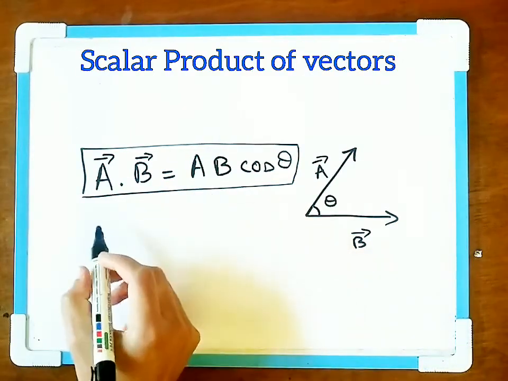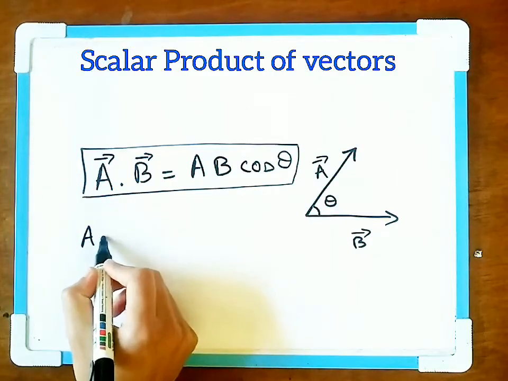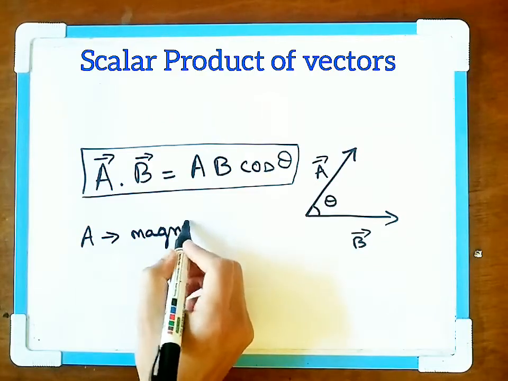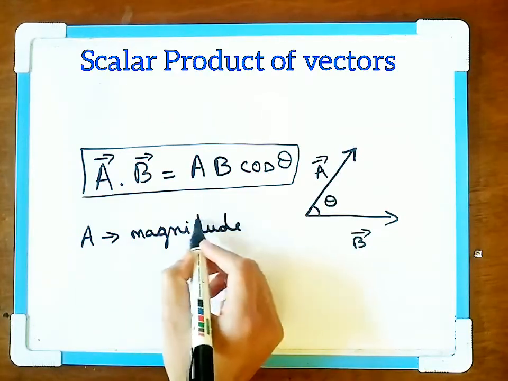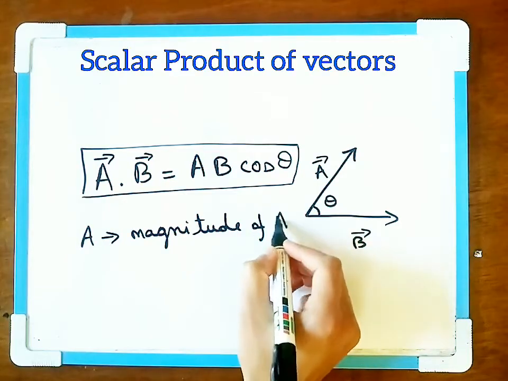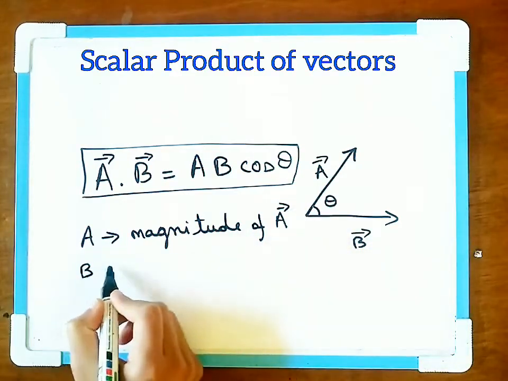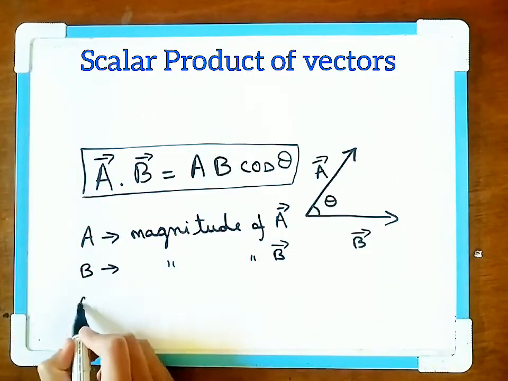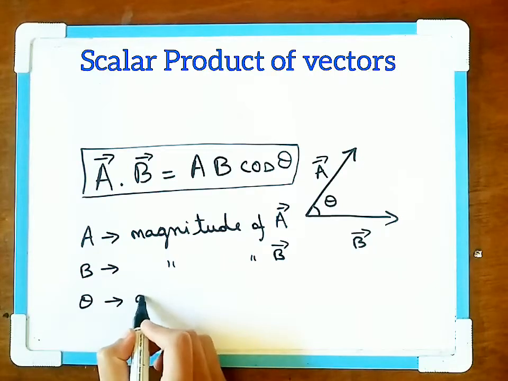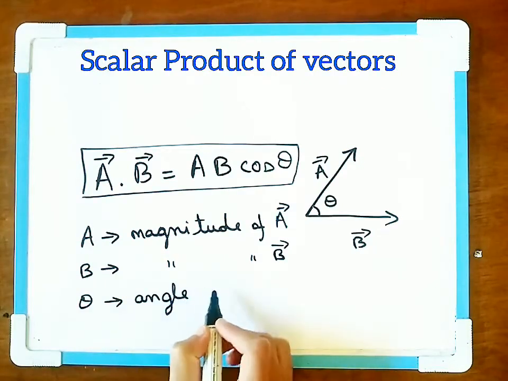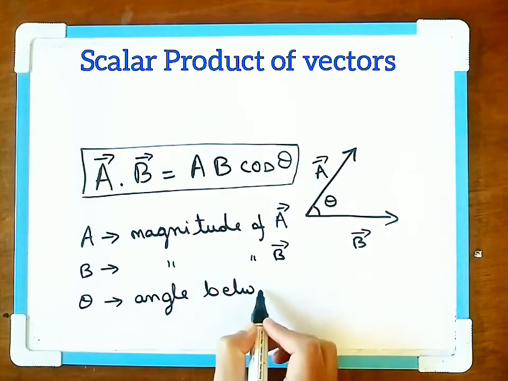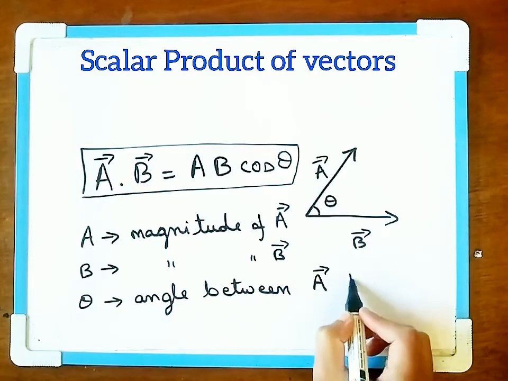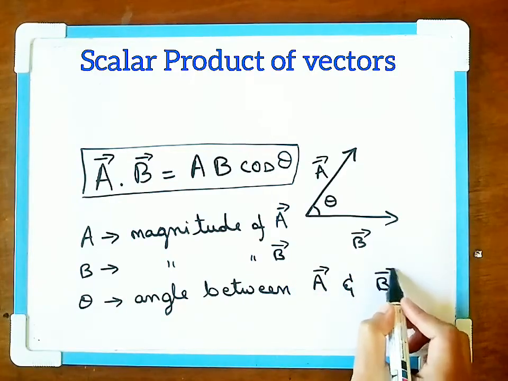Where a is the magnitude of the a vector, b is also the magnitude of the b vector, and theta is the angle between the a vector and the b vector.